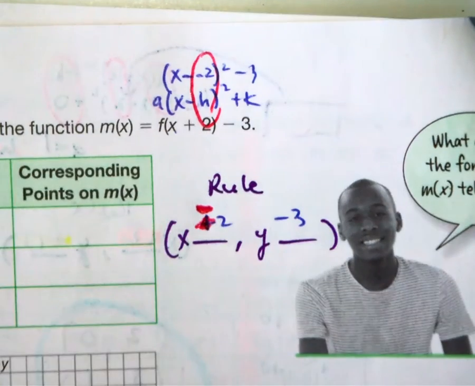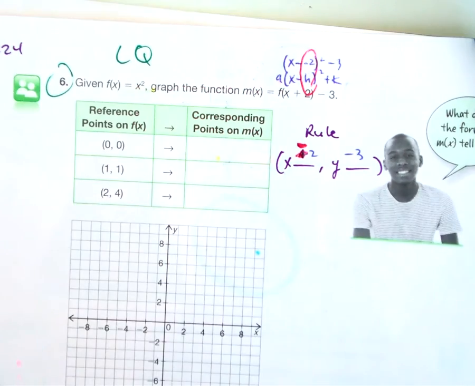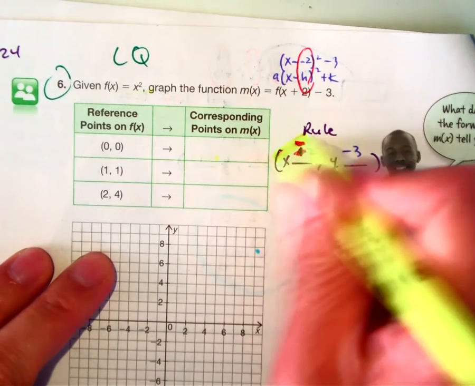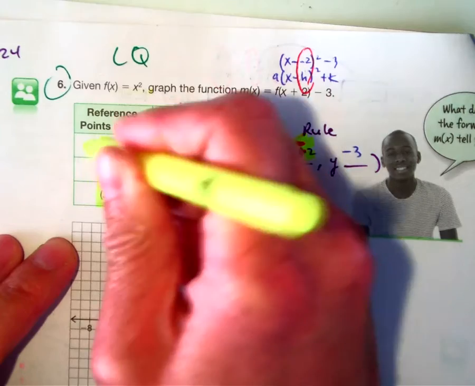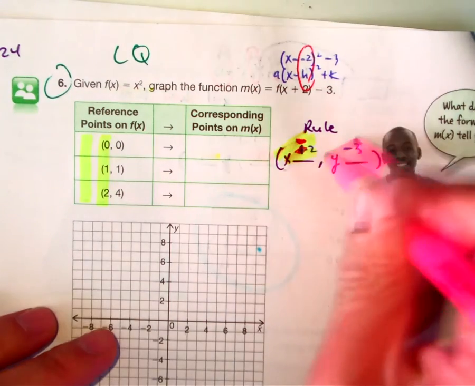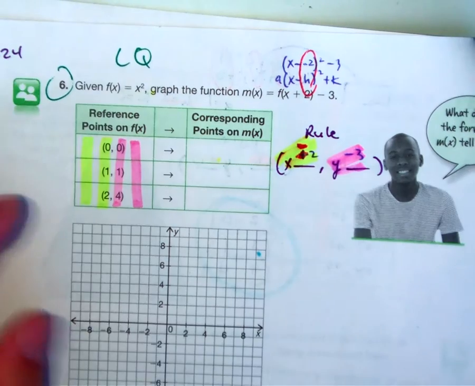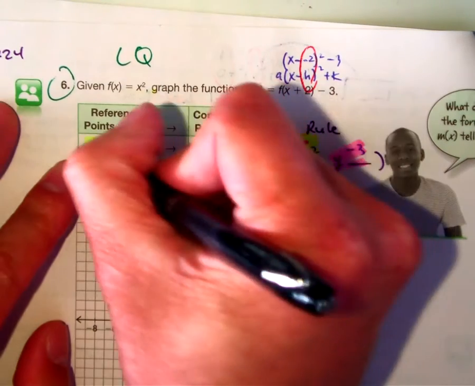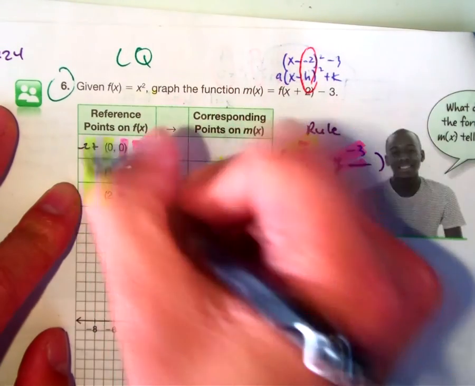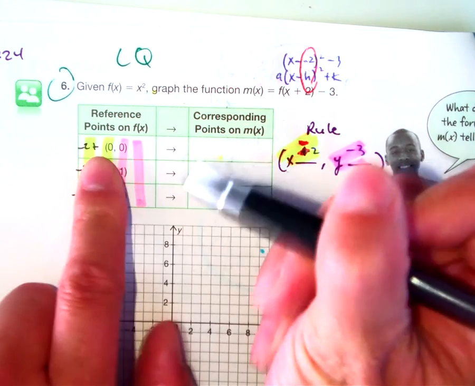What does that mean? That means for every x value, we're now going to subtract negative 2 from it. And for every y value, we're going to subtract 3. So negative 2 plus 0, negative 2 plus 1, negative 2 plus 2.